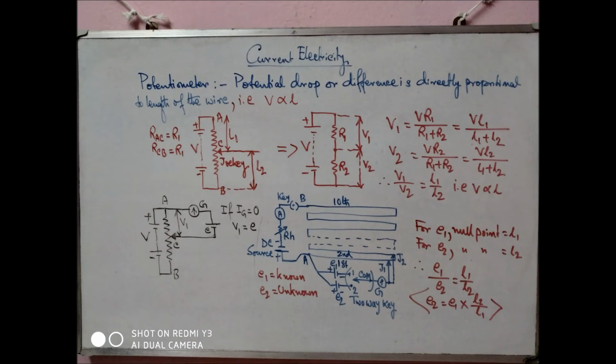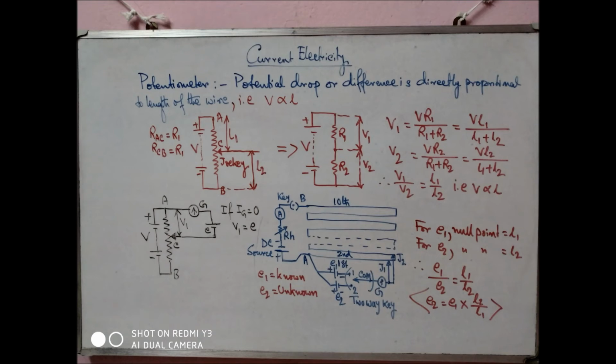Suppose first 0 to 100 centimeter, then 100 to 200, 200 to 300, left to right, right to left, left to right, like this. So these 10 wires are mounted over a wooden block in a zigzag fashion.